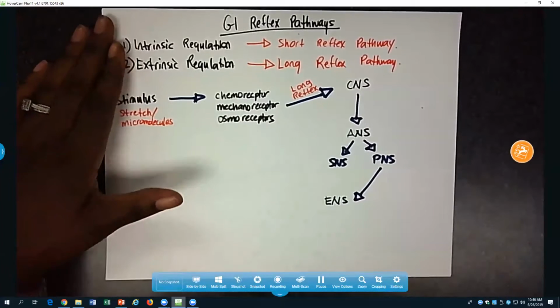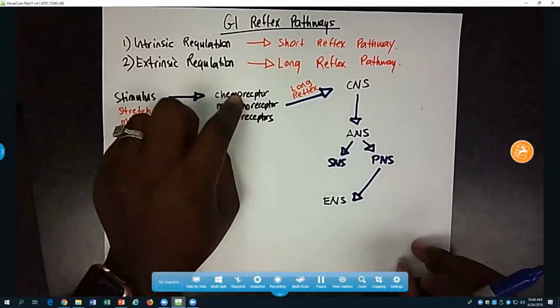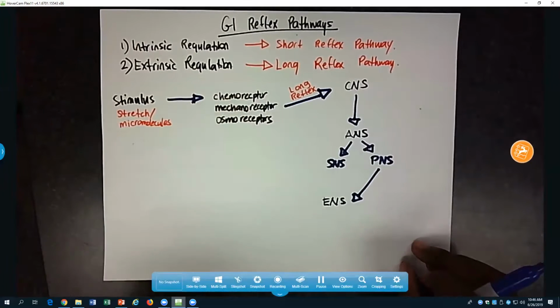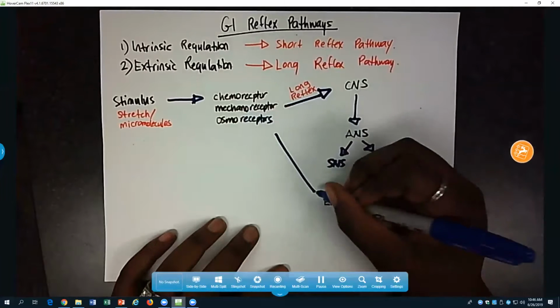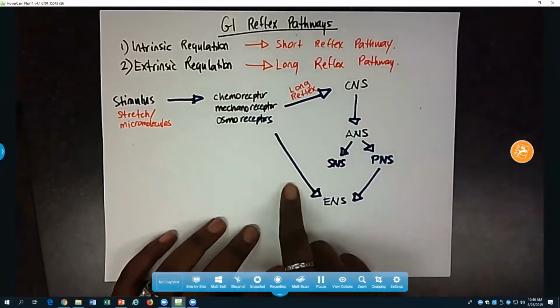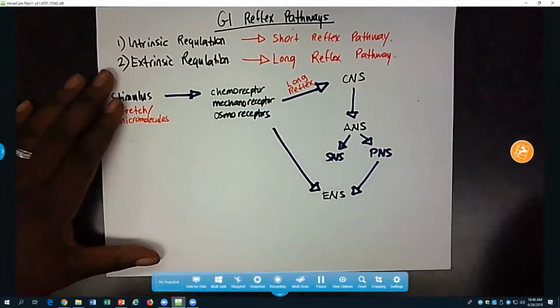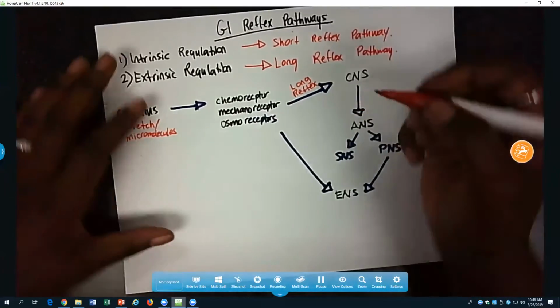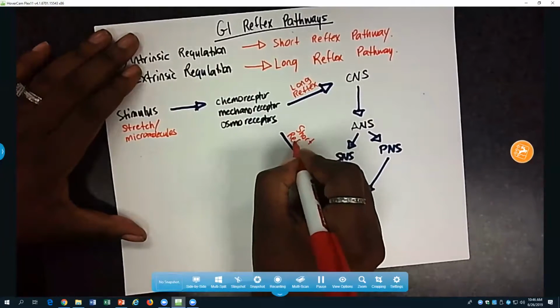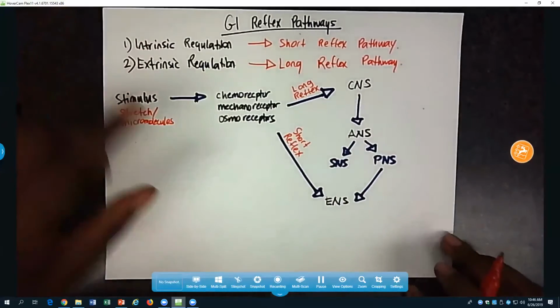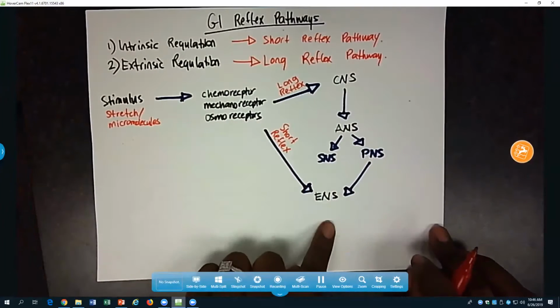Right? Now, the short version of this is that these chemoreceptors, these mechanoreceptors and osmoreceptors can directly, I know this is kind of backward because the short reflex has a longer arrow, but remember this is the short reflex here. Right? So this short reflex is the shortcut to this process.